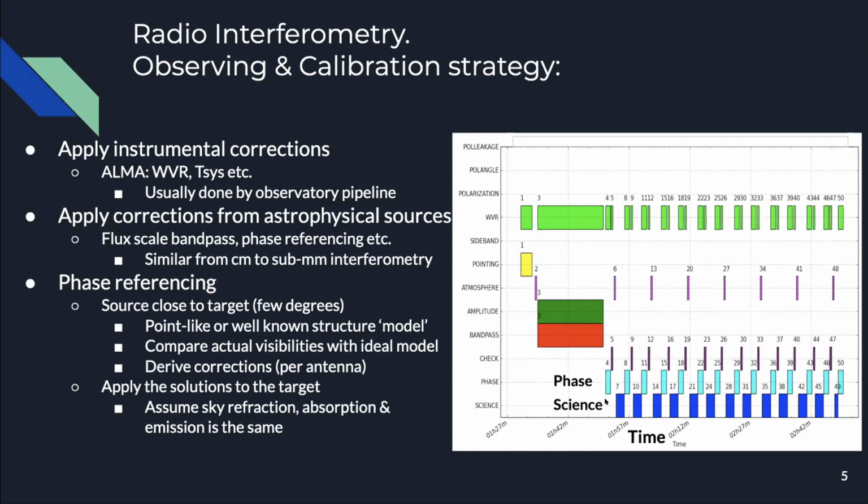And you can see also that the phase calibrator and the science target are observed in a sequence that is a loop that starts and finishes with observations of the phase calibrator. That shows how important the phase calibrator is for all the corrections that the data needs before being released to the PIs.